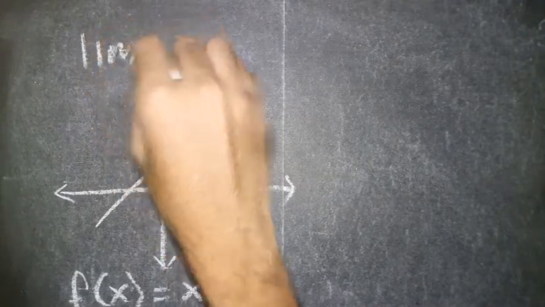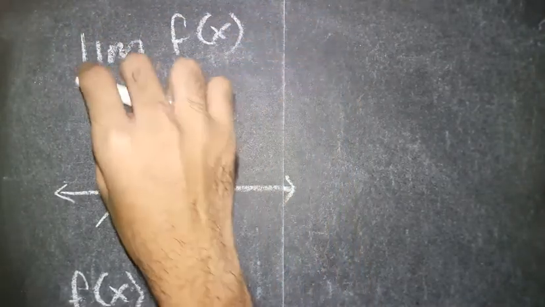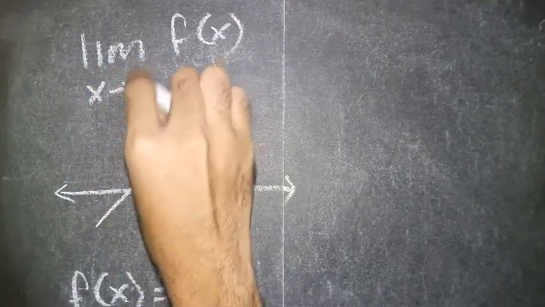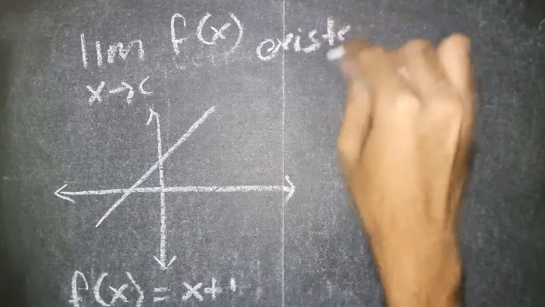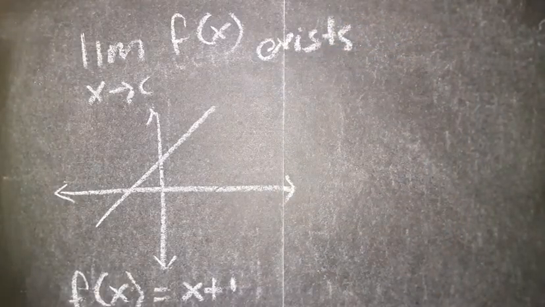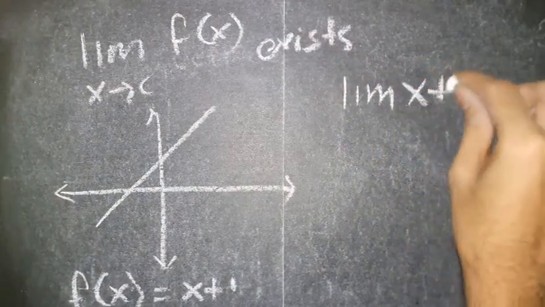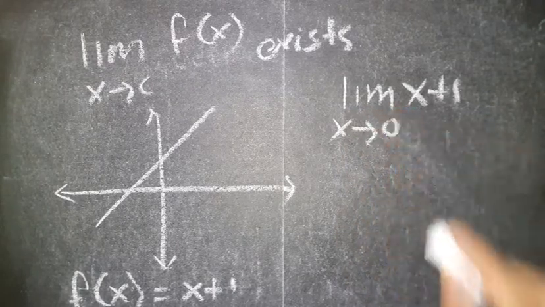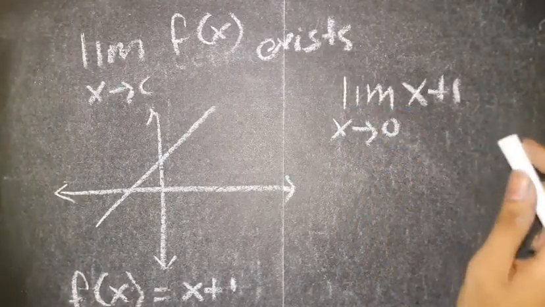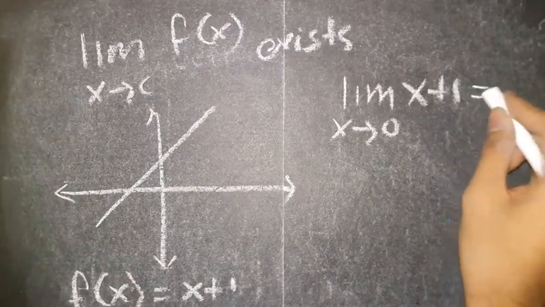The second condition states that the limit of f of x as x approaches c must exist. And by that, the limit of x plus 1 as x approaches 0 will be 0 plus 1 by substituting 0 for x.